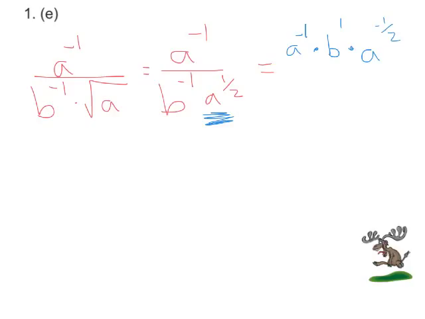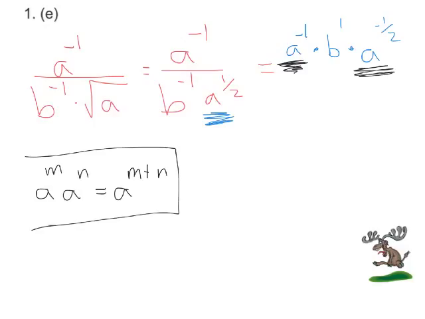And so we have these three terms, and we can combine our a terms. So this a times this a, if you remember the exponent property, a to the m times a to the n is equal to a to the m plus n.